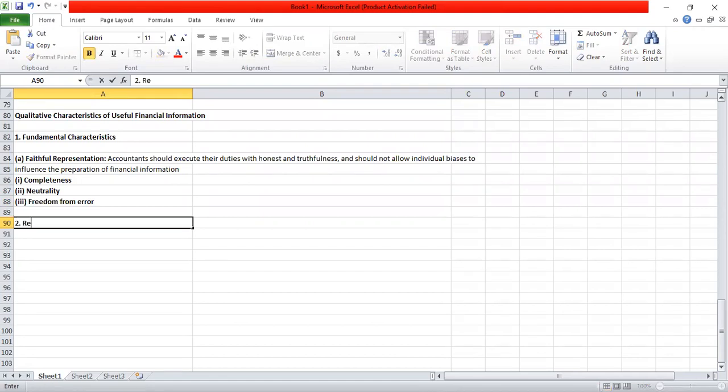Right. Then the second one, we have got what we call relevance. Information presented should be necessary to attain the needs of the user.